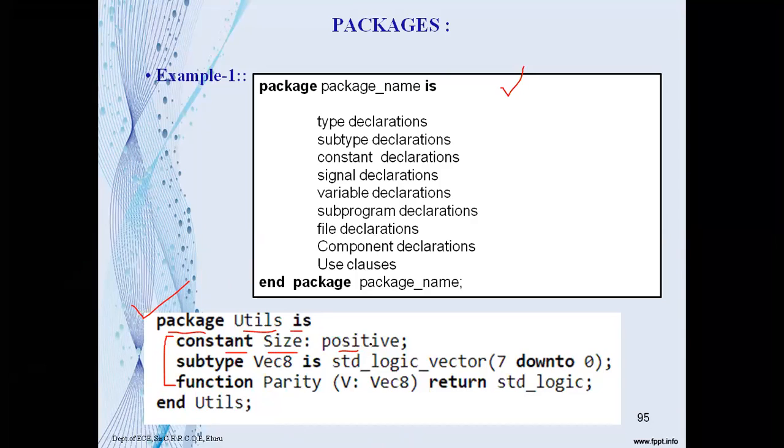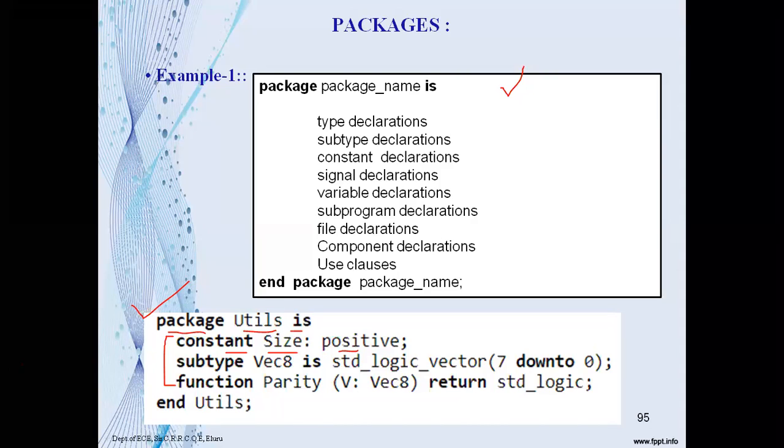In the integer data type, we have two subtypes: natural and positive. Natural starts from 0 to the highest range value, whereas positive starts from 1 to the highest range of the integer value.